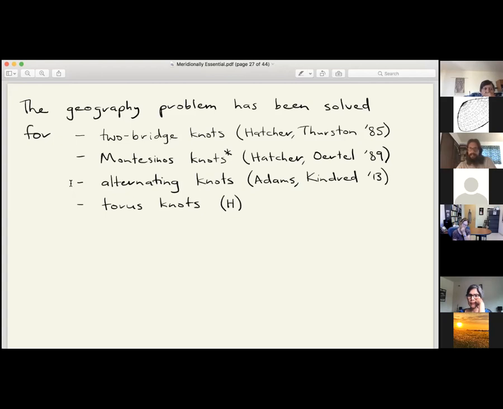This is the paper from Adams and Kindred. They give a way of understanding essentially this geography problem for all alternating knots. You start with a reduced alternating diagram. They give an algorithm. You'll get 2 to the number of crossings possible surfaces. And then from those, you build the entire geographical space.